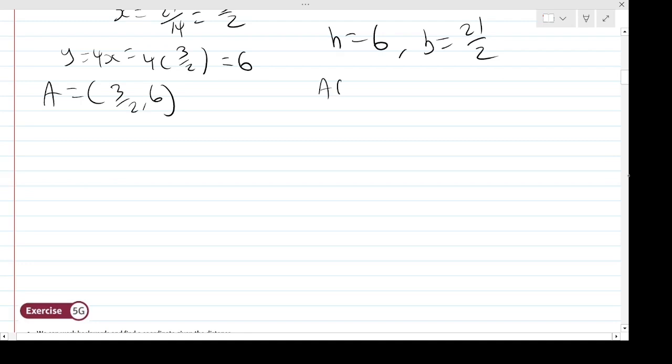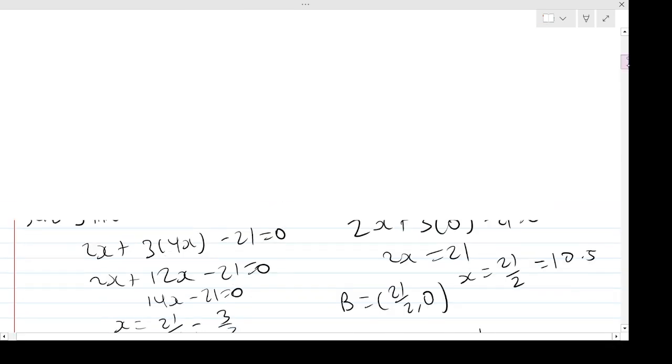Then the area of the triangle is a half times base, 21 over 2, times height of 6. Put that in a calculator and you should get 63 over 2. Cool. And there we are.